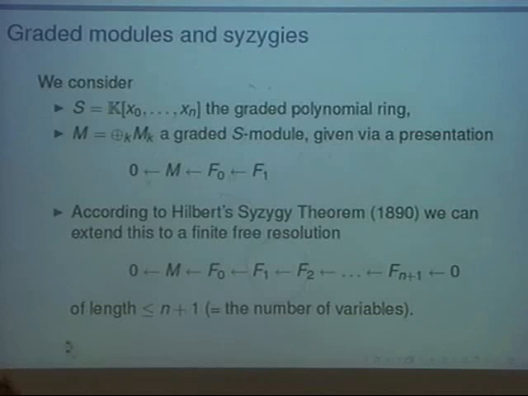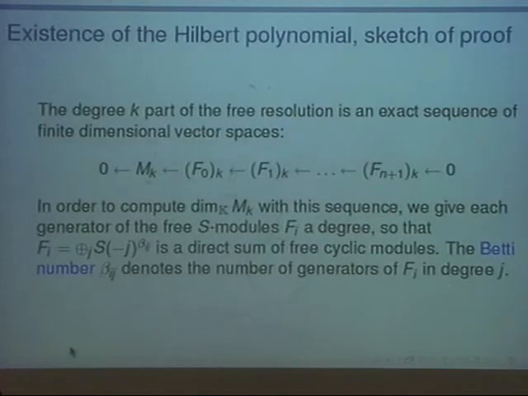And we can use this to compute the dimension of Mk. The degree k part of this free resolution is an exact sequence of finite dimensional vector spaces, so we can compute the dimension of Mk out of this sequence. However, to do so, we have to give each generator a degree. Certainly we will take only homogeneous generators in each step.